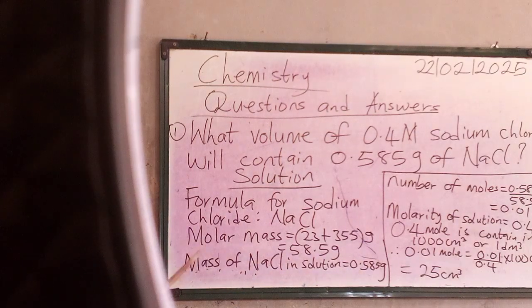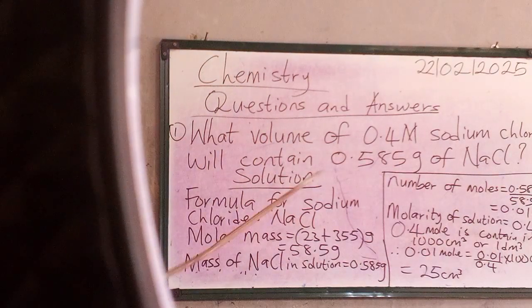From there, we have mass of sodium chloride in solution is equal to 0.585 grams. That's what was given from the question. Then you know that the formula for number of moles is equal to mass over molar mass.